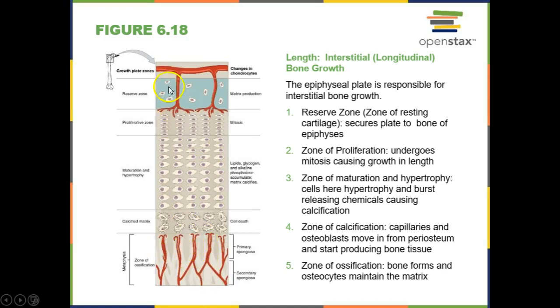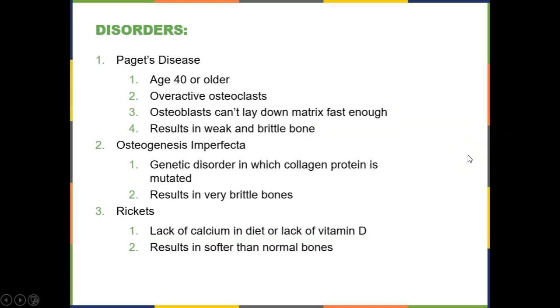And so up here we have resting cartilage. Down here we have bone taking over the cartilage. As this area is growing, this area is ossifying, and eventually these two areas are going to meet and we'll end up with just this tiny little line left over, the remnants of that plate.